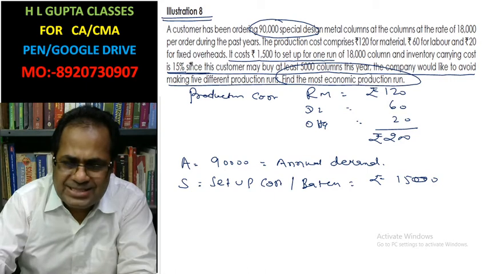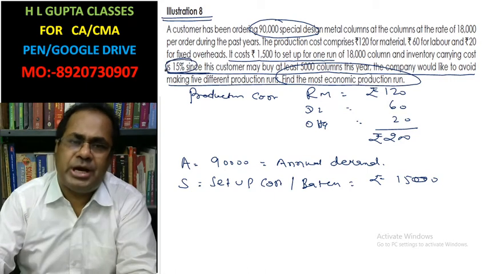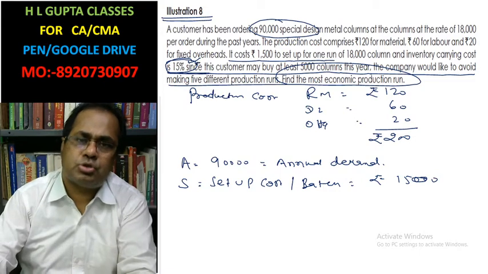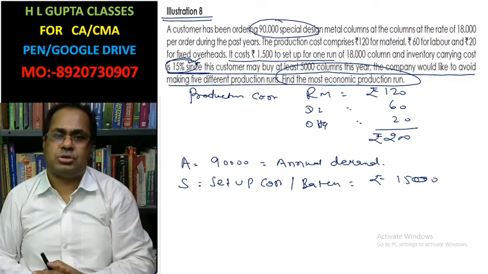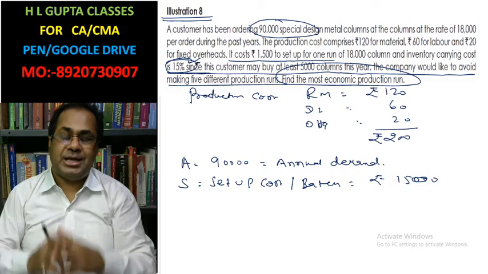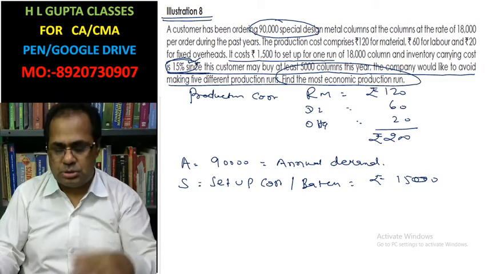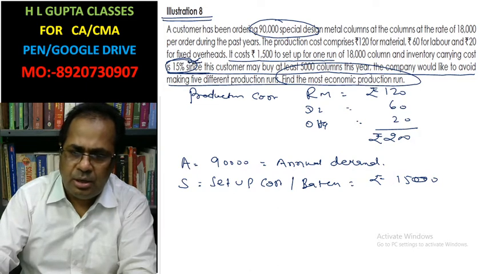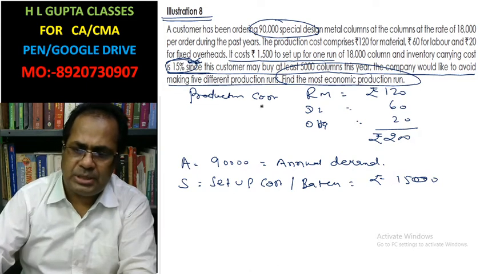Whenever a percentage cost is given on carrying, you will have to calculate carrying cost on the basis of production cost, exactly the same as material cost. Here your carrying cost is given 15% of what?